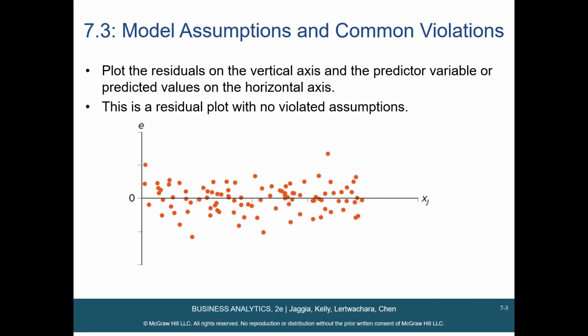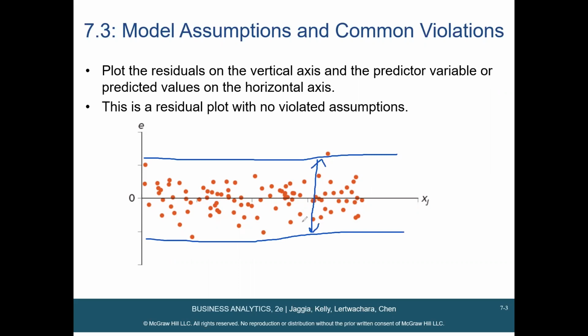What you want to focus your eye on is the variability: if you were to put a band around these, the band capturing the variability above and below the x-axis is the same as you go across the values. And you're not seeing any pattern in here.